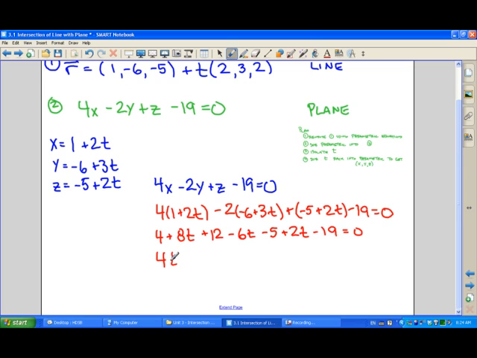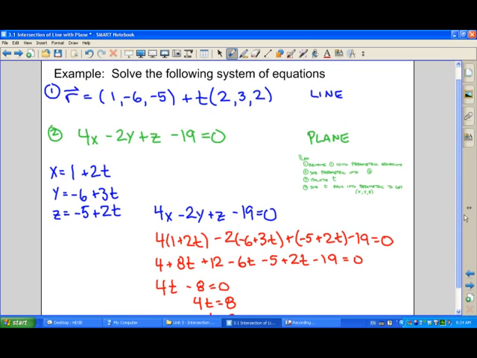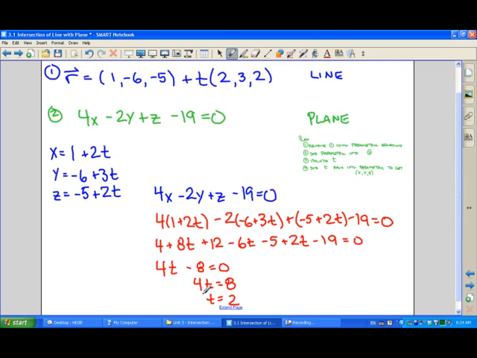I get 4t minus 8 equals 0, or 4t equals 8, which means that t equals positive 2. So if there is an intersection between our line and our plane, the intersection happens when t equals 2.